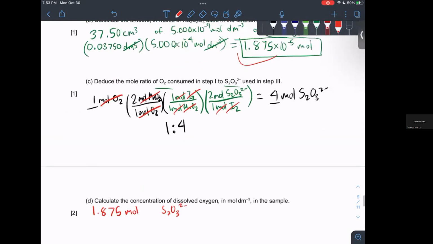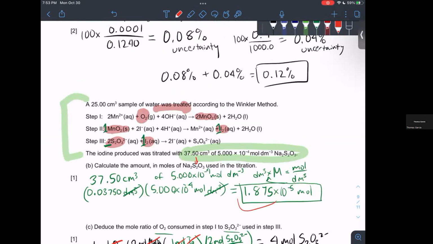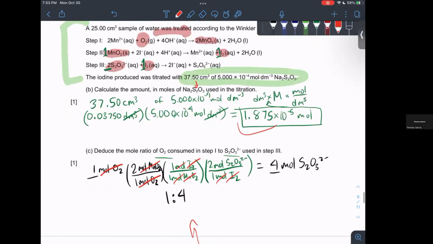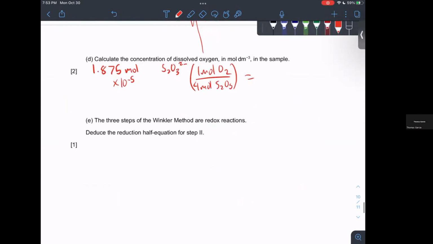The sodium is a spectator ion. So then I'm going to convert that to oxygen. I know that for every 4 mole of S2O3, I have 1 mole of O2. I know that because I literally just solved it up there. So I divide by 4. Oh, this was also times 10 to the negative 5th. Got to carry it over. We get 4.688 times 10 to the negative 6 moles.